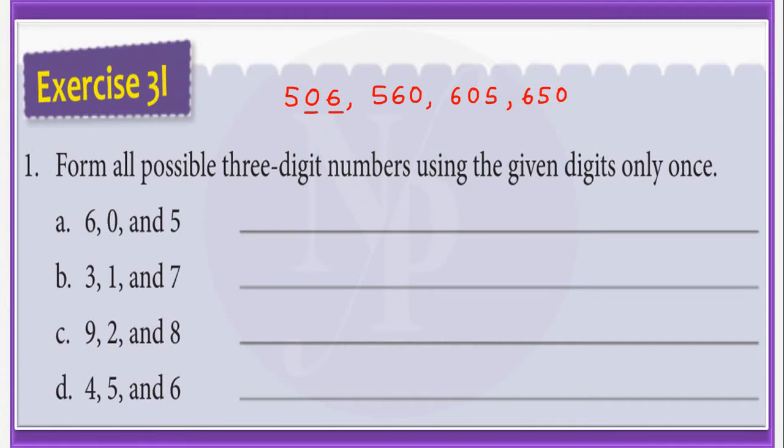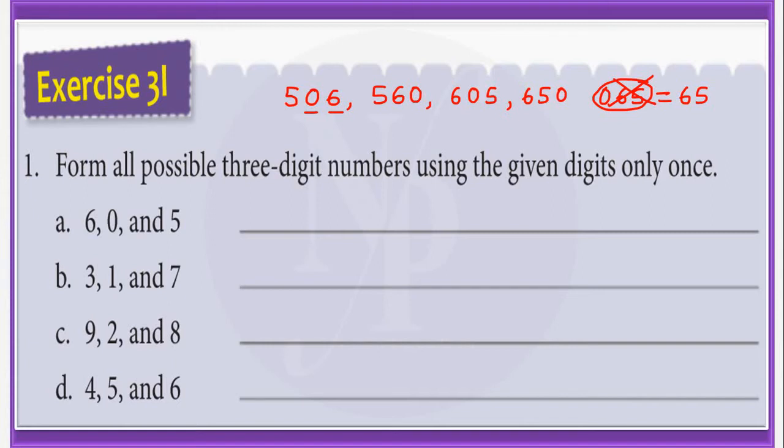And if you keep 0 in hundreds place and write 065, as we know 0 cannot be at the greatest place. This is not a 3-digit number. This is just equal to 65. It will become only a 2-digit number. So 065 is not a 3-digit number. We cannot write this.